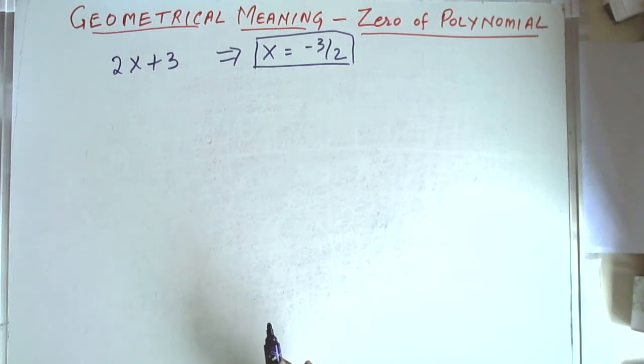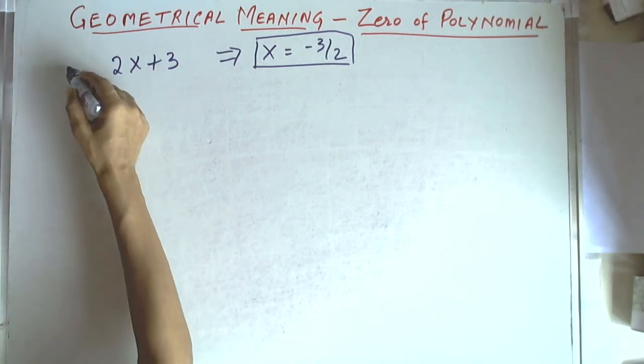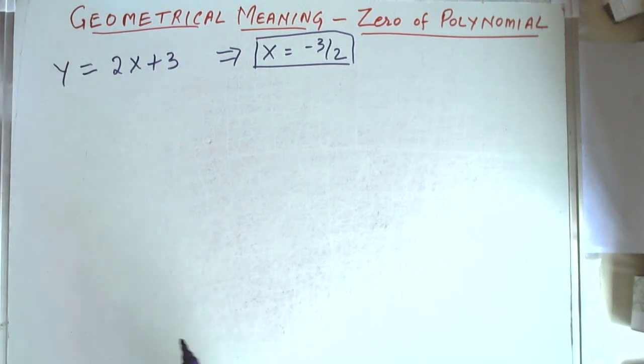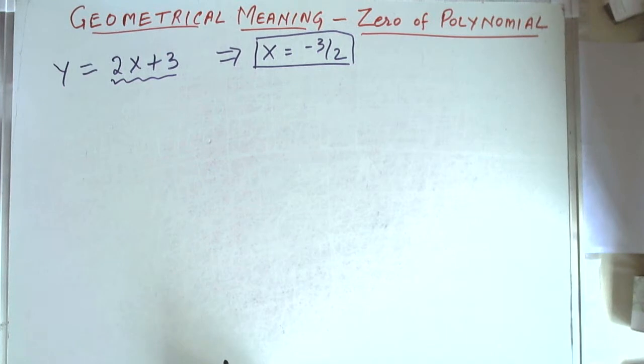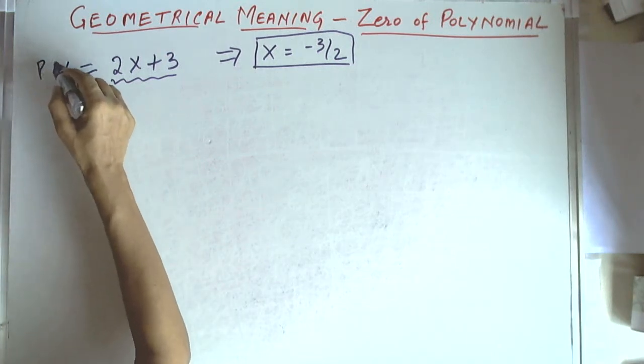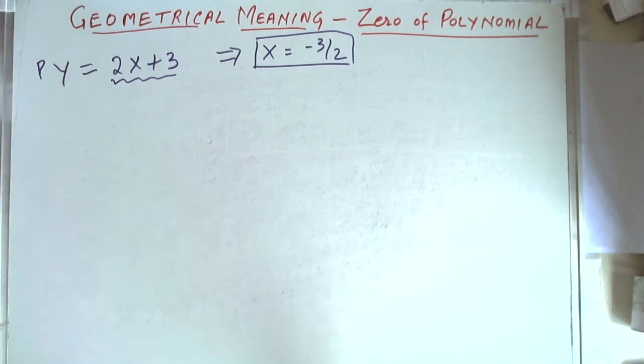Now when we substitute this value of x in this polynomial, and let us call this polynomial y, which is 2x plus 3, then we get the value of the polynomial as 0.